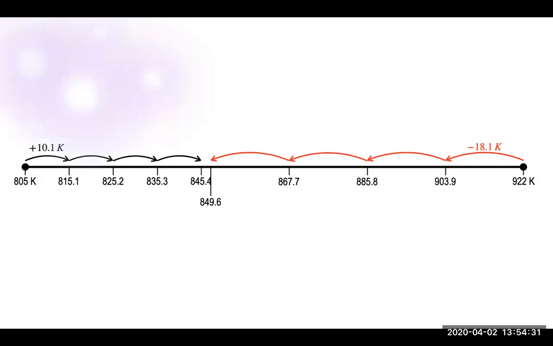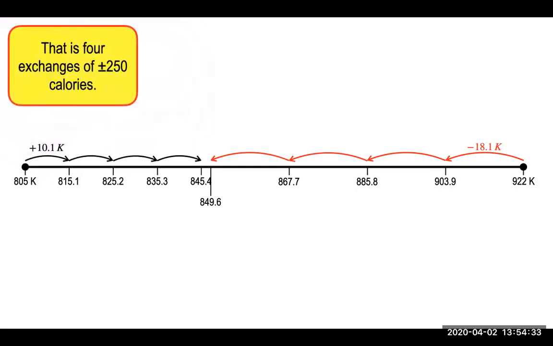But we've done 4 exchanges of plus or minus 250 calories, pluses for substance H, minuses for substance R. Substance H has warmed up nicely, about 40 degrees. Substance R has cooled off even more, 70-something degrees. So that's good. But we're still not quite at equilibrium.